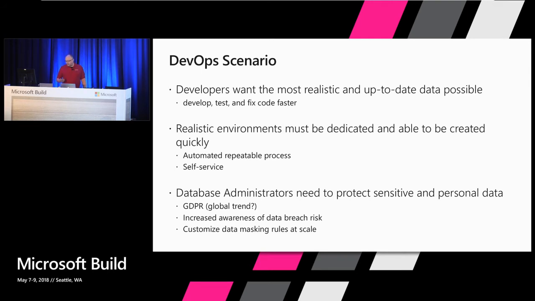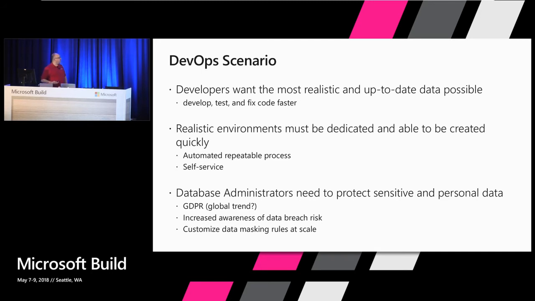But it's become even more challenging because database administrators, more than ever, are aware of the need to protect sensitive and personal data. There's the GDPR, of course, and we believe that's a clear direction of travel for regulation around the world, even if it doesn't affect your organization right now. There's increased awareness of data breach risk. We can't have missed the data breach epidemics that are happening.